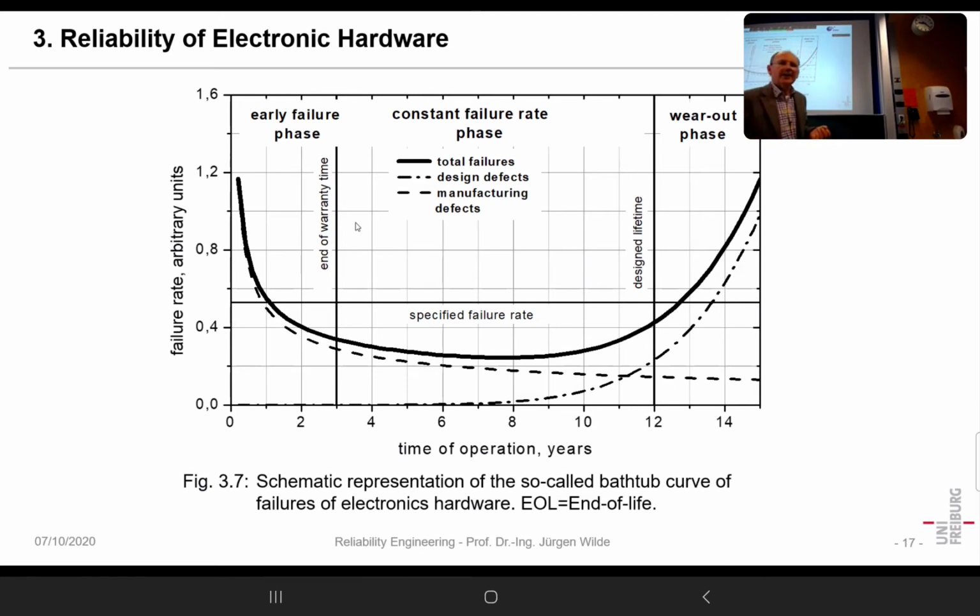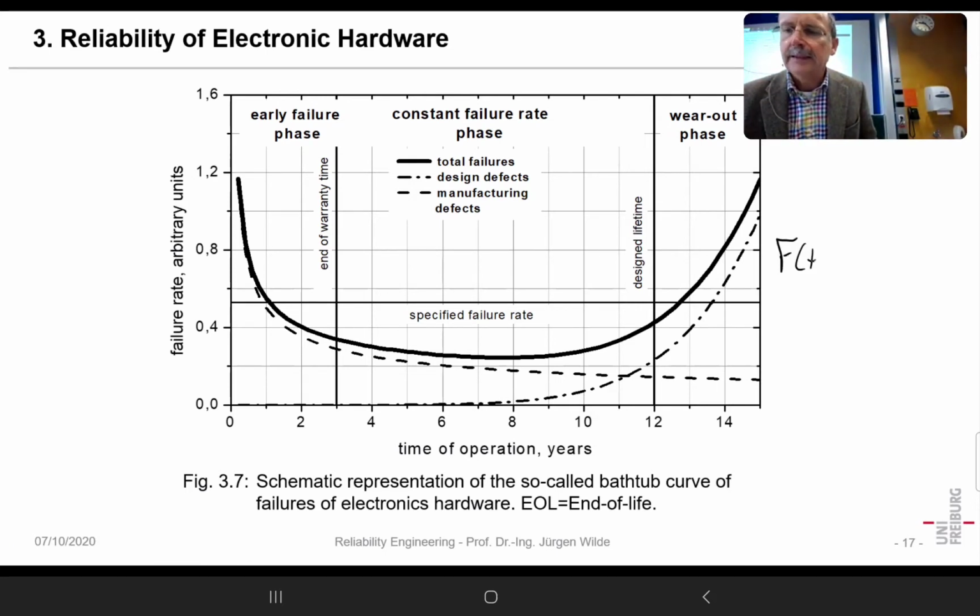And exponential distribution, on the other hand, means constant rate. But you can also come to that curve when you just have two Weibull curves. One is decreasing and one is increasing. So what is the Weibull curve? We must say F(t) is 1 minus e to the power of minus (t divided by some characteristic lifetime) to the power of beta.